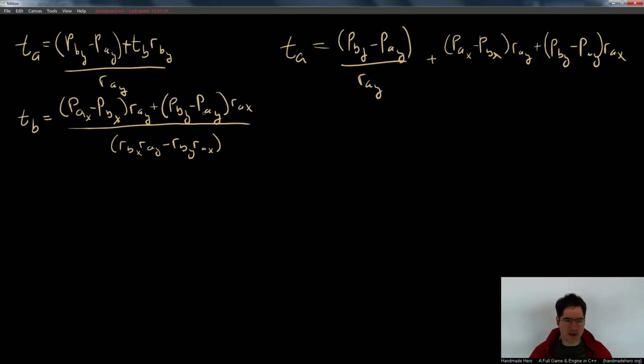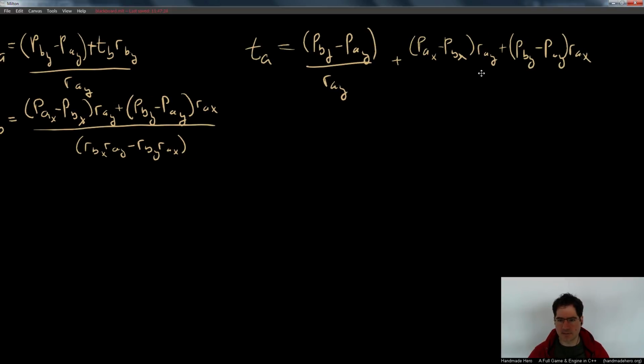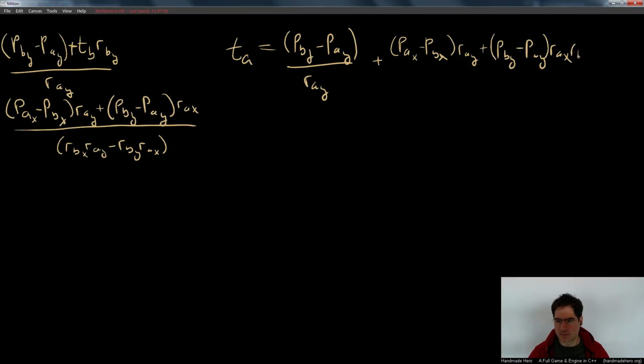Those two terms on the top are going to be multiplied by RBY. So we get an RBY in here. Maybe I'll just make that a little cleaner. Get an RBY in here.